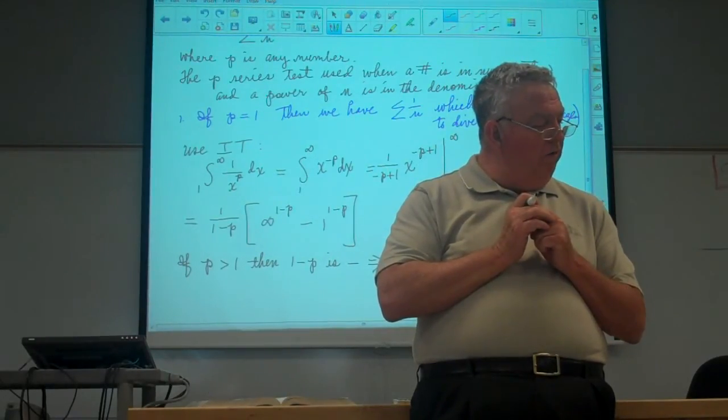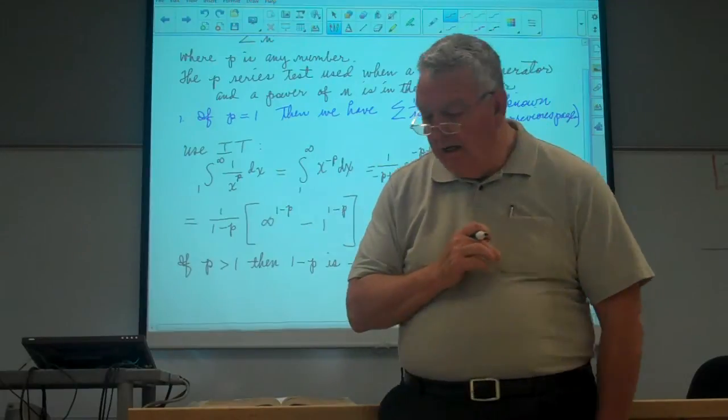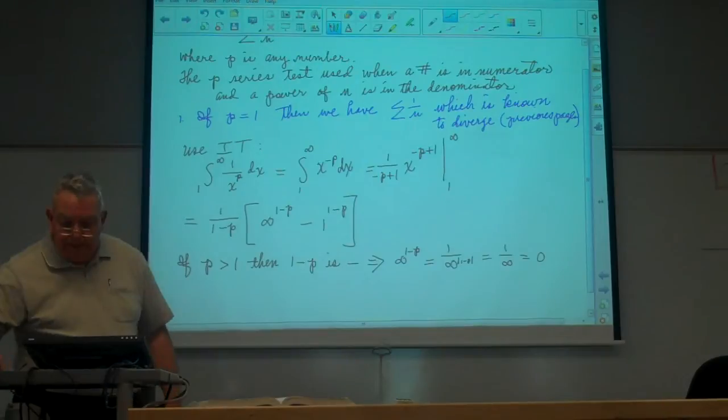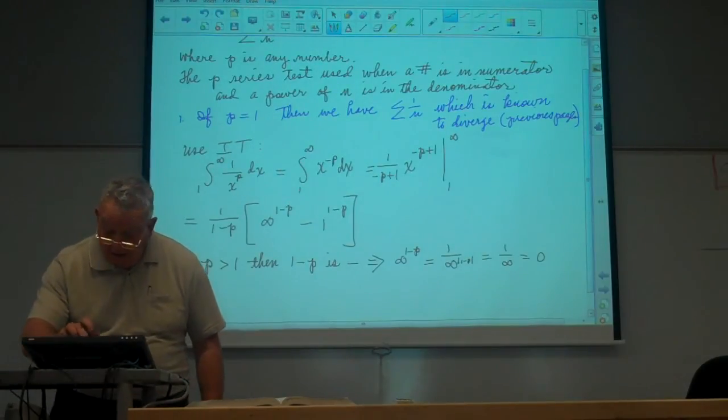Yeah, but I'd have to show that. All I'm saying, William, is that for any positive number here, that's going to be infinity to some positive number, which is still infinity. Okay? Everybody agree?